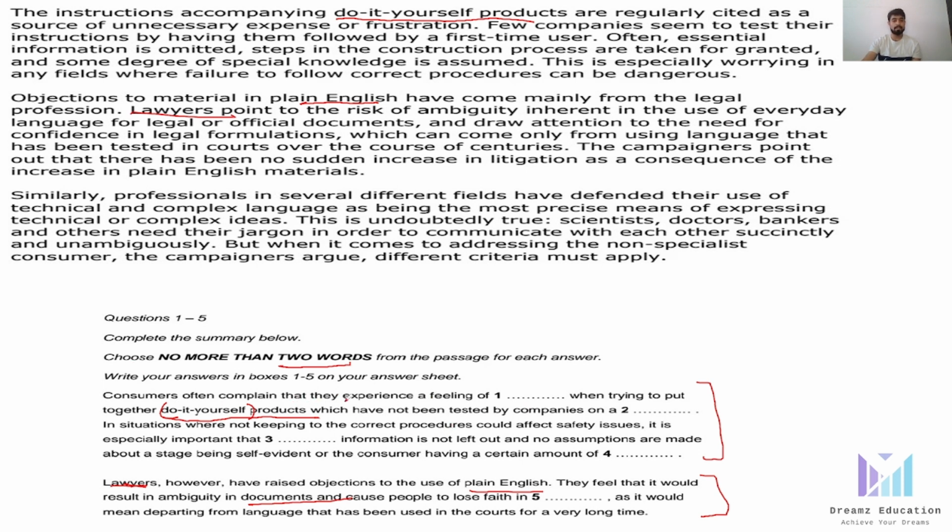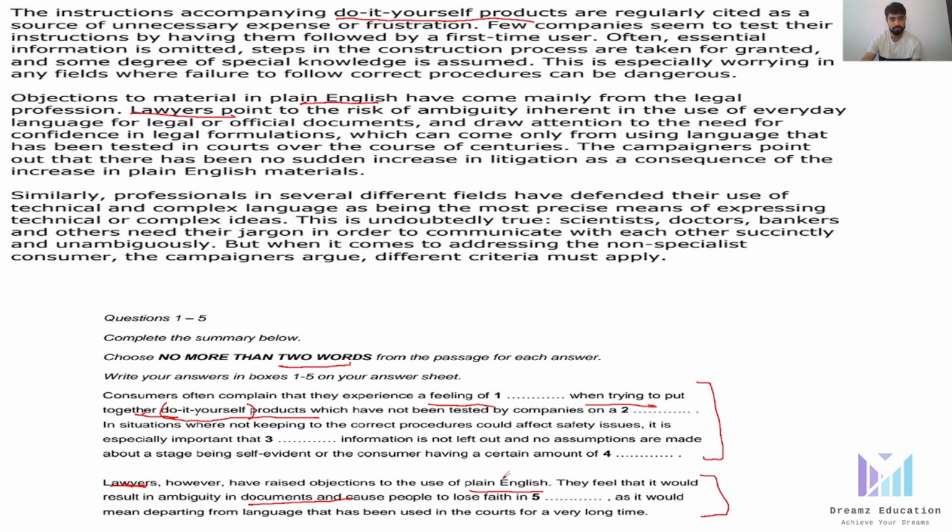Consumers often complain that they experience a feeling of dash when trying to put together do-it-yourself products. Let's see. So consumers are experiencing a feeling of something. What is that feeling? The instructions accompanying do-it-yourself products are regularly cited as a source of unnecessary expenses or frustration.